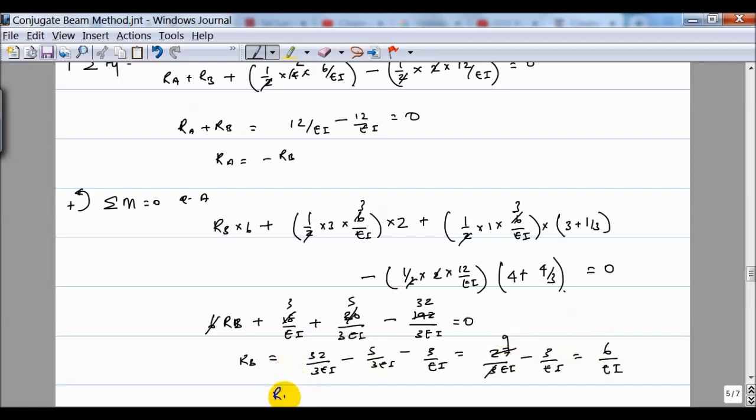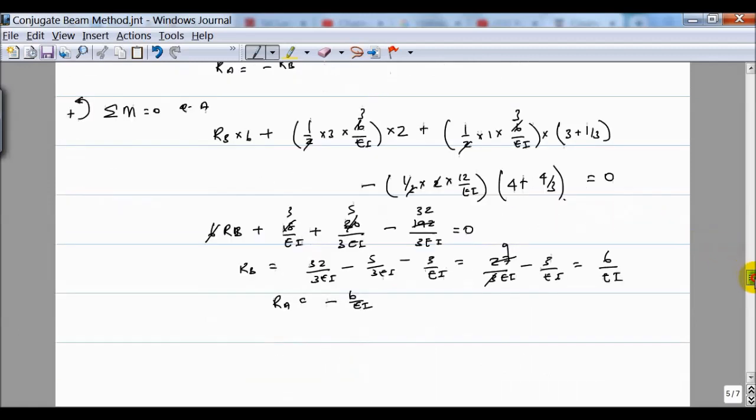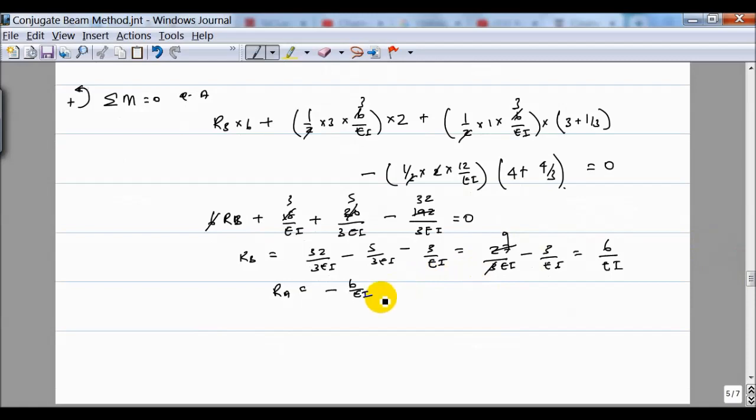So 6 over EI is RB. So RA is minus 6 over EI. Okay, I hope the values are correct. You can work out and see whether I have made any mistakes. Well, it doesn't look like it. So now these are the values for RA and RB.